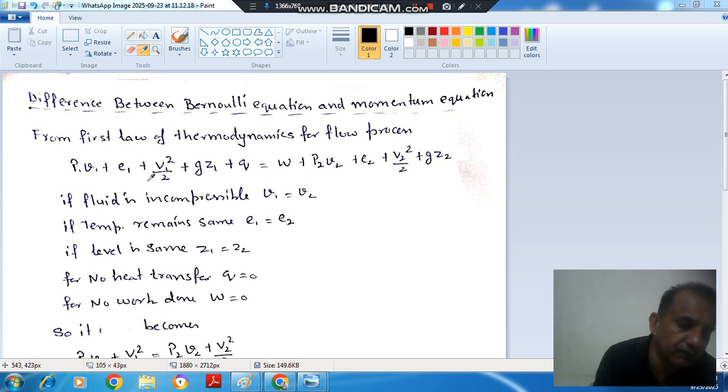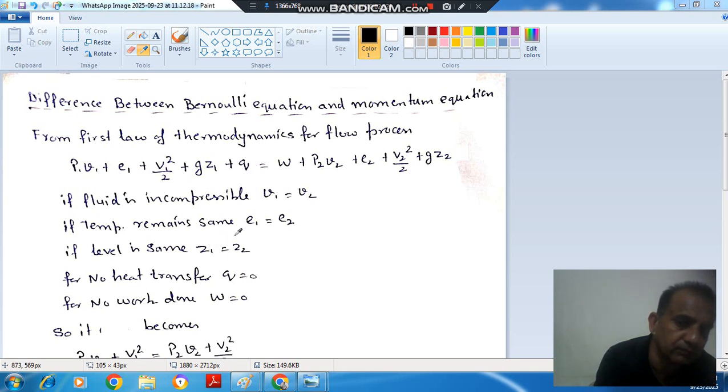If we take incompressible fluid, then this specific volume and this specific volume will be equal, so v1 will be equal to v2. If the temperature remains constant, then internal energy E1 will be equal to E2. If the level of the system is the same at inlet and outlet, then Z1 will be equal to Z2.